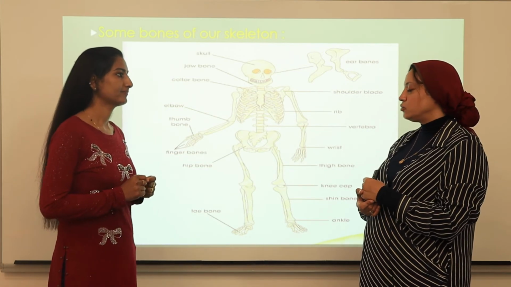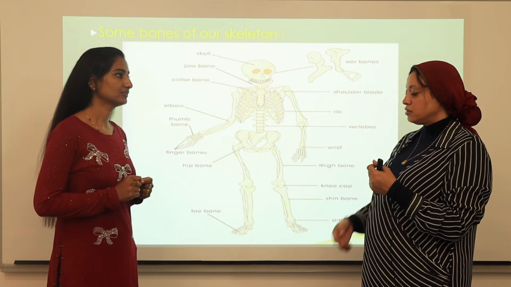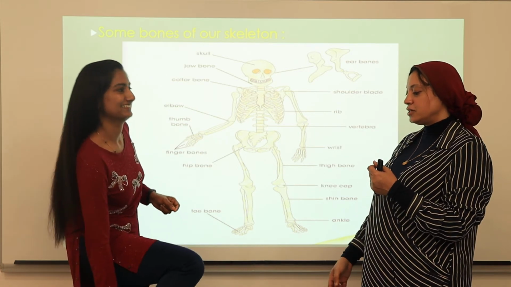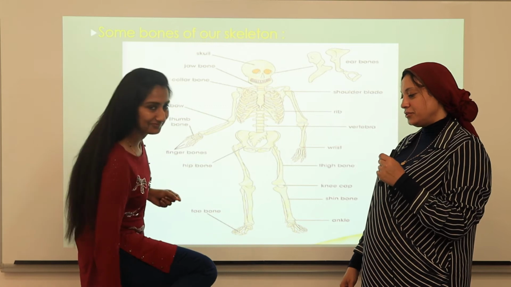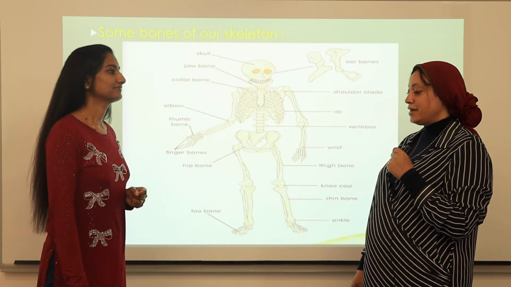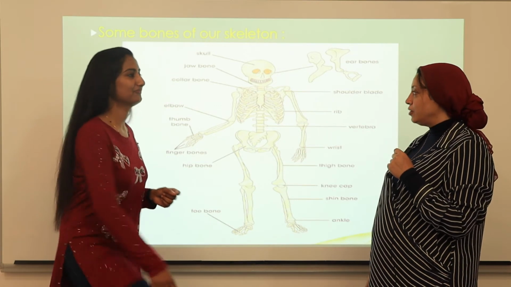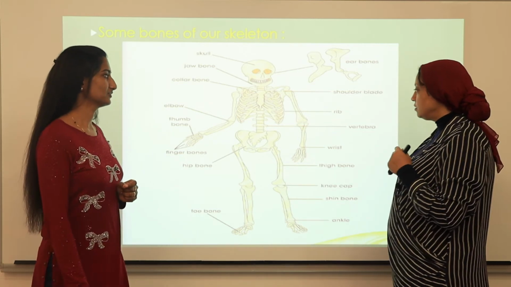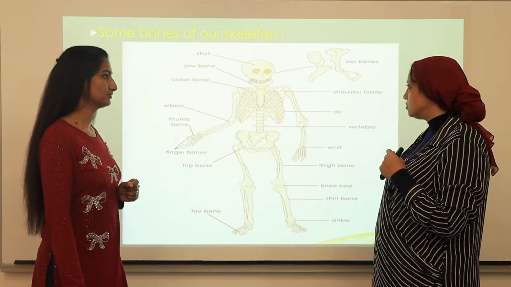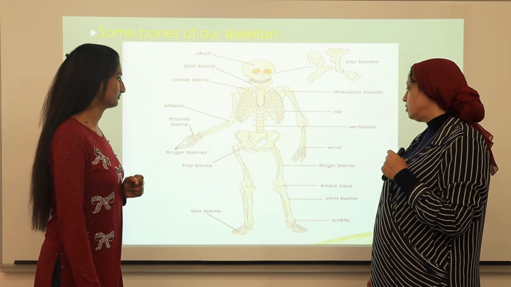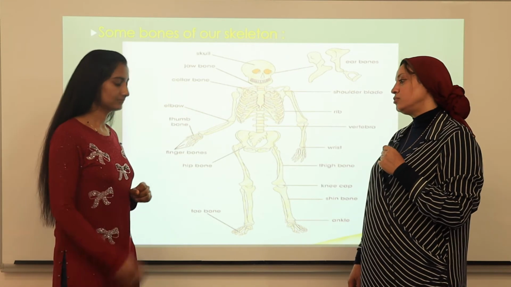Okay, what else do we have? Toe bones. They are in your foot. Yes, and your ankle. It's here. Your kneecap. Okay, did we miss anything? We said the shoulder bone, ribs, wrist, finger bones.